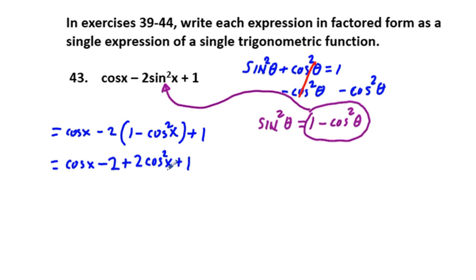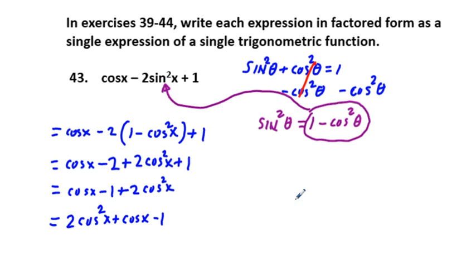And combining like terms, we're going to have cosine x, and negative 2 plus 1 is going to be minus 1, plus 2 cosine squared x. And rearranging this quadratic trinomial in standard form, we have 2 cosine squared x plus cosine x minus 1.